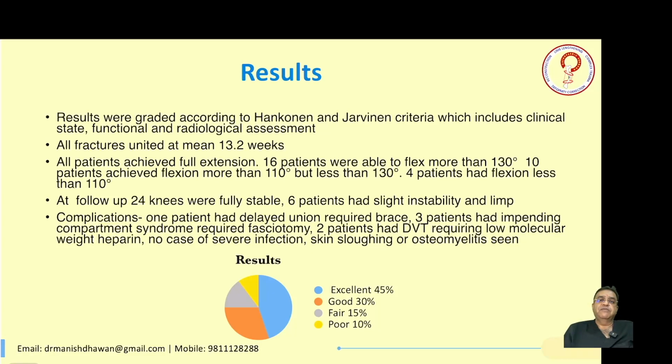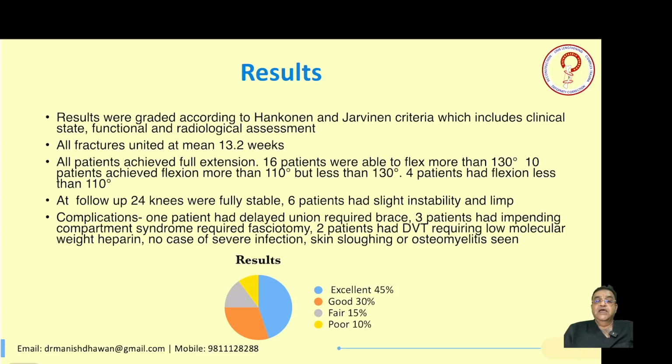Complications included: 1 patient had delayed union and required brace. 3 patients had impending compartment syndrome, required fasciotomy. Actually, these patients already had compartment syndrome and they were fixed with the Ilizarov and fasciotomy was done. 2 patients had DVT requiring low molecular weight heparin. So we had DVT with Ilizarov.